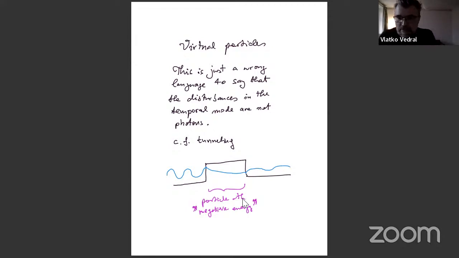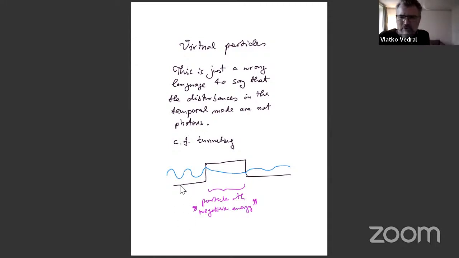That's why people say, but let's assume that they are virtual photons somehow, negative energy or whatever language they use here. I just want to alert you to the fact that this is the same as how we talk about tunneling, for instance. The language is very misleading. It doesn't reflect what's going on, but maybe it gives you some intuition, but it really is a wrong intuition.